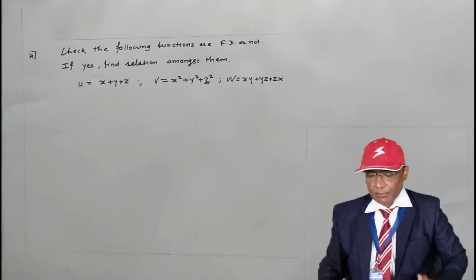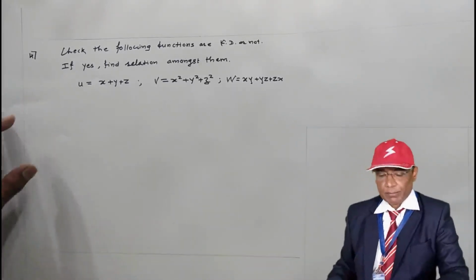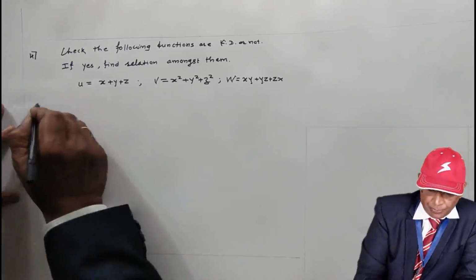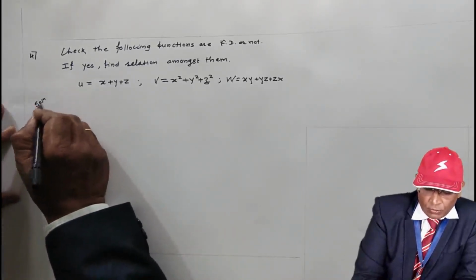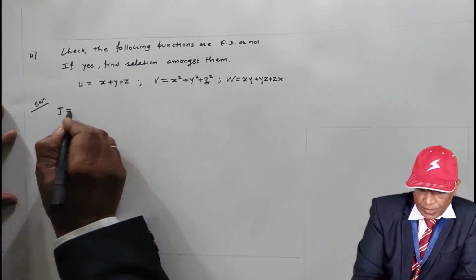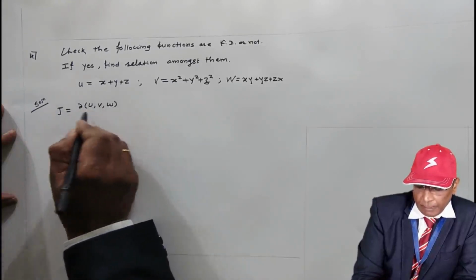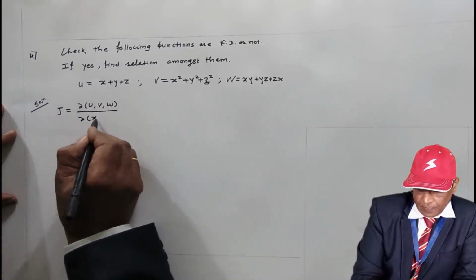We have only 3 variables now. Previously we did a 2 variable problem. Now this is 3 variable. So we are going to check the functional dependence. It is very clear to find the value of Jacobian. Jacobian for 3 variables, like this.